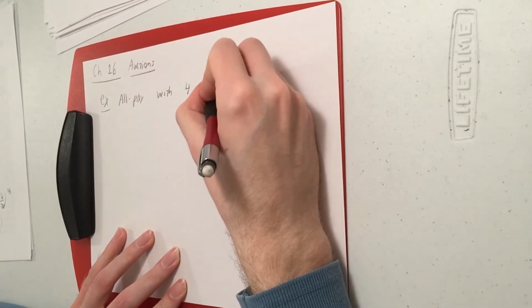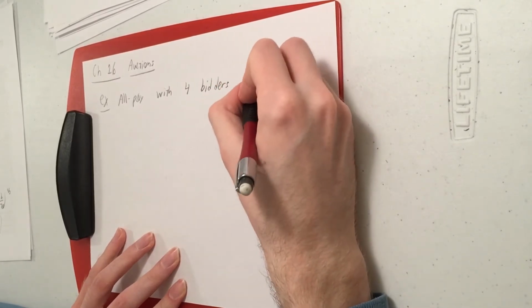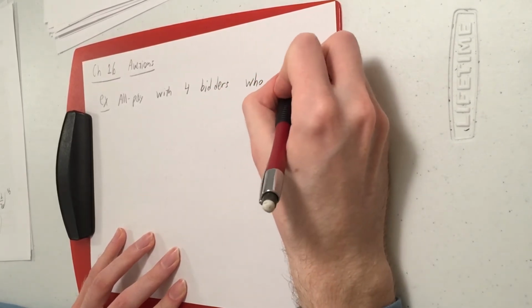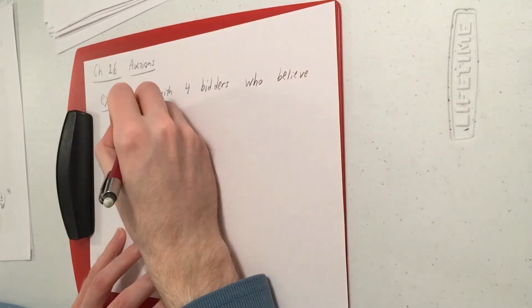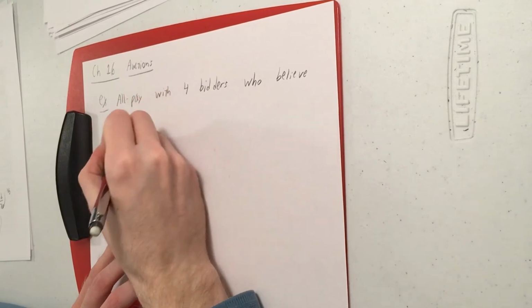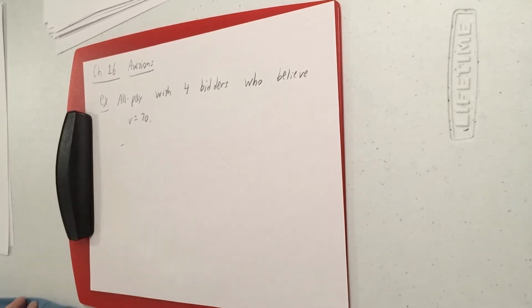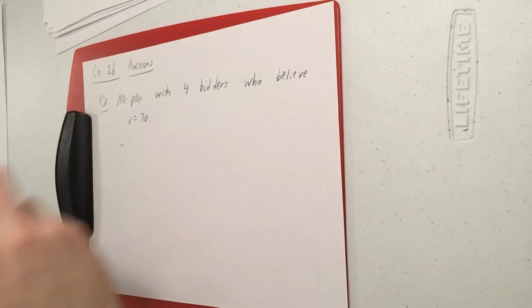Let's say all of them think the object is worth 70. So one thing I could ask you is, what's the probability of one bidder bidding something below 40?